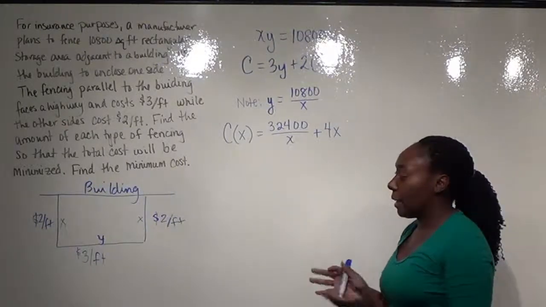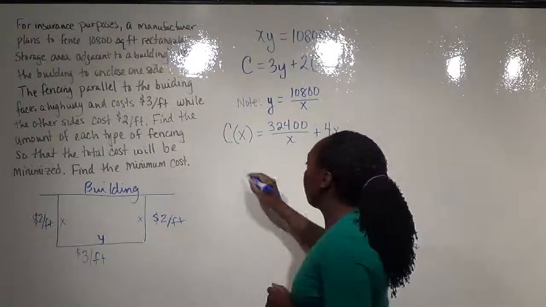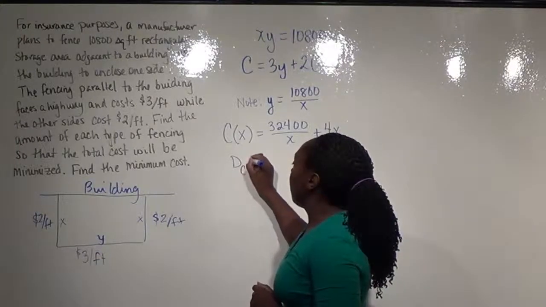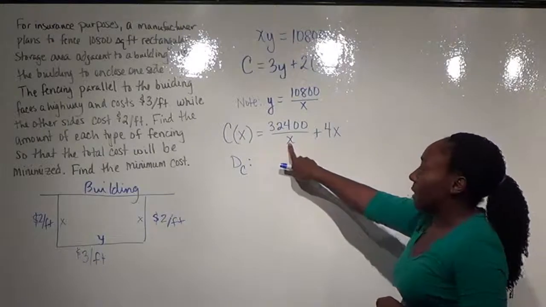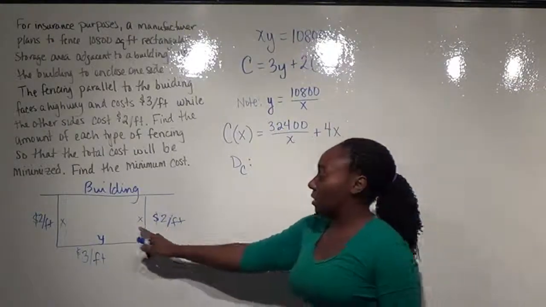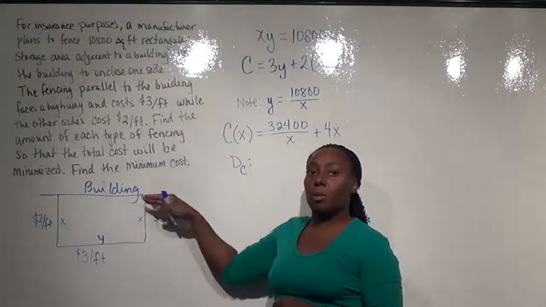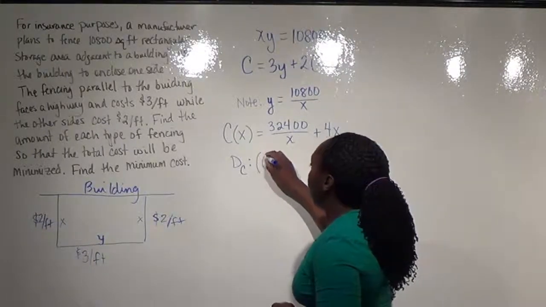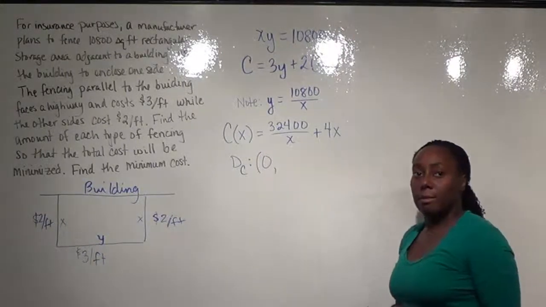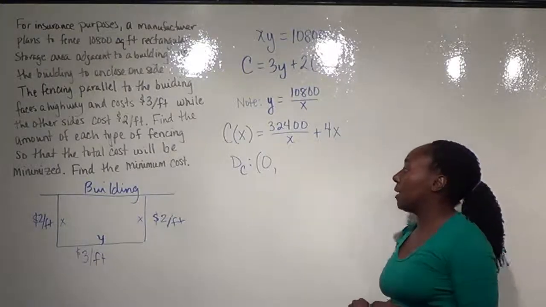Again, we should note the domain. For the cost function, X cannot equal 0, which makes sense here as well. If X is 0, then we don't get a rectangle. But it could be as small or as close to 0 as we like.